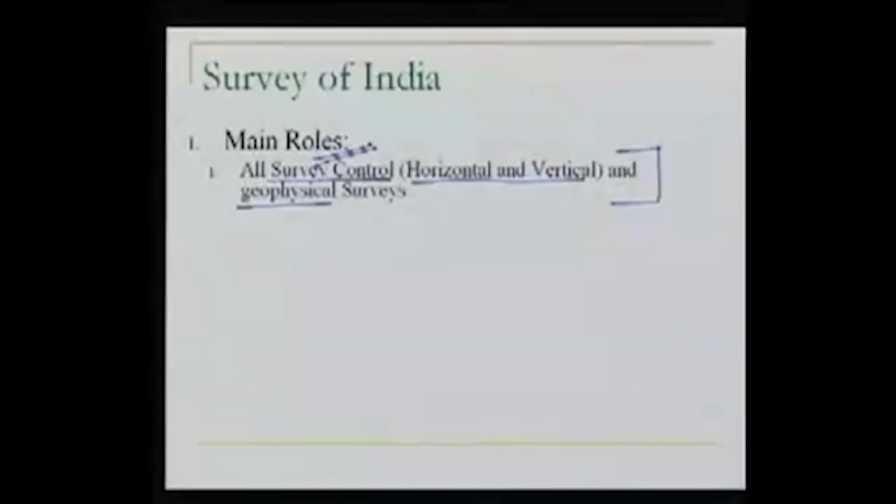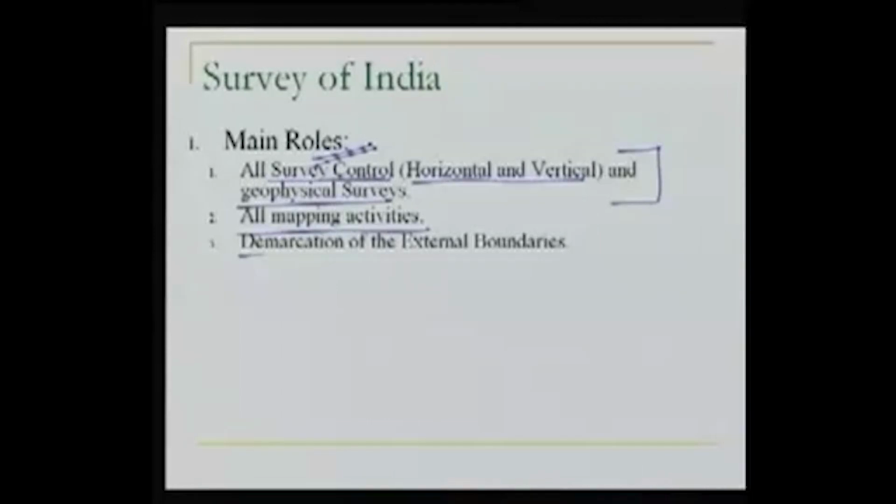So, if you need the coordinates of any control point, we will have to approach Survey of India for the coordinates. At the same time, they also perform geophysical surveys. Then, all mapping activities, the meaning is whether it is large scale, small scale mapping, Survey of India does all. Any development work, a big project, a dam site is there for which some surveying job is to be done. So Survey of India is the organization which is requested many times to perform those jobs also.